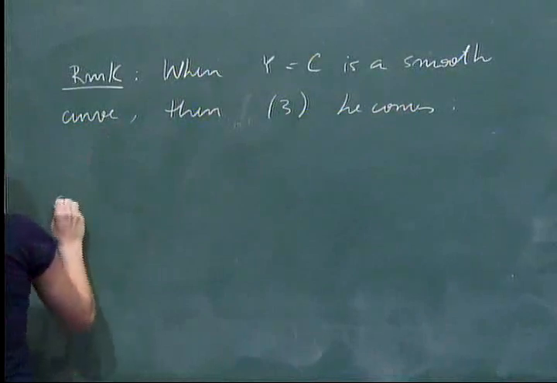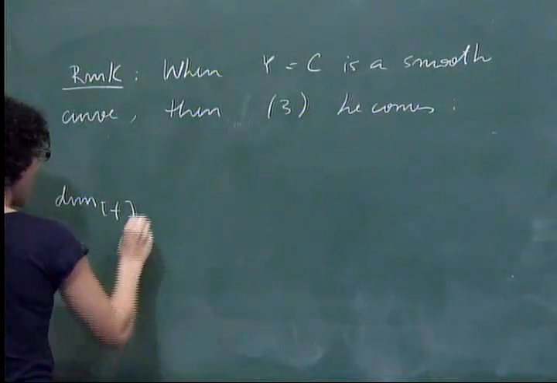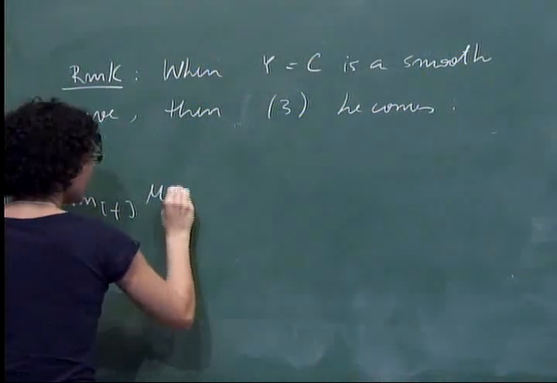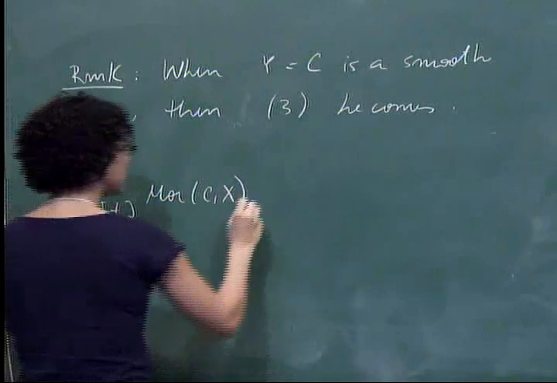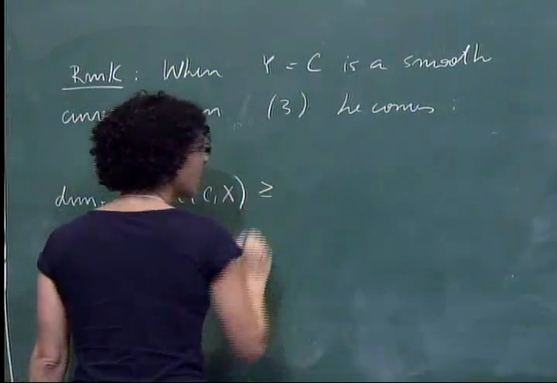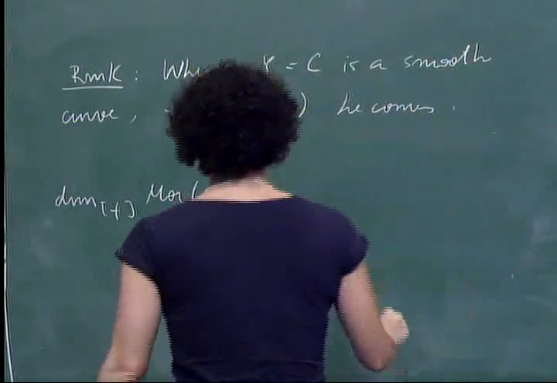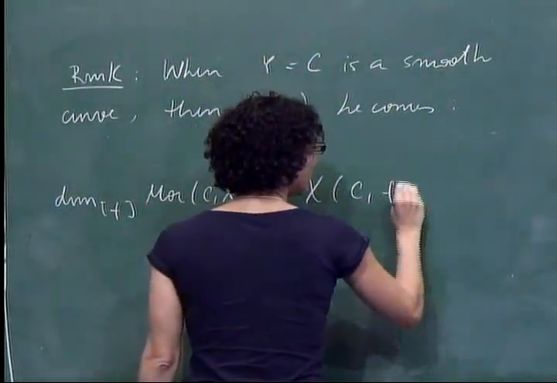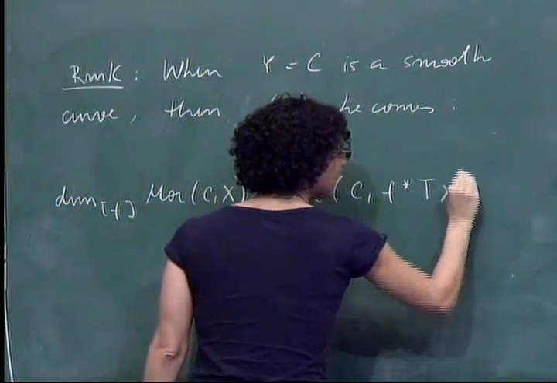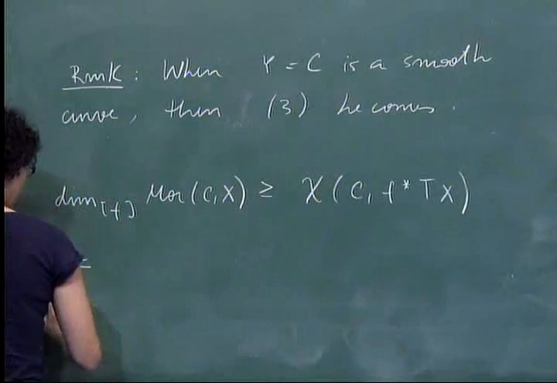We have a lower bound for the dimension at the point f of the space of morphisms from C to X. This is greater or equal. Now the right hand side is nothing but the Euler characteristic of the pullback of the tangent bundle. But now we know what that is by Riemann-Roch.